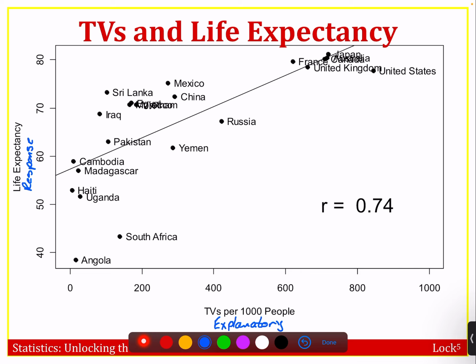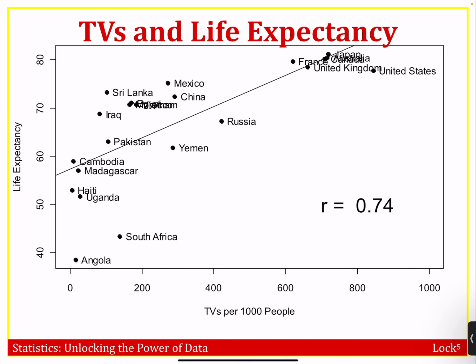And this R over here is called the correlation coefficient. The closer it is to 1 or -1, the stronger the correlation. But the reason I'm showing you this is because this is a pretty strong correlation between televisions per 1,000 people and life expectancy.